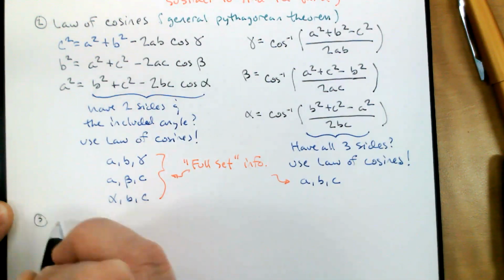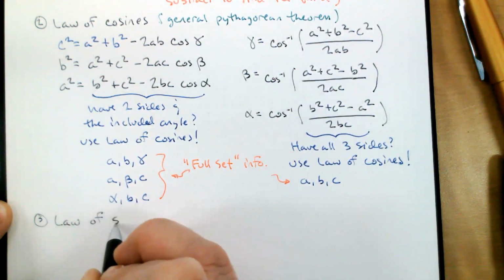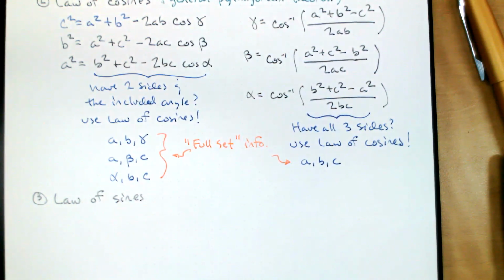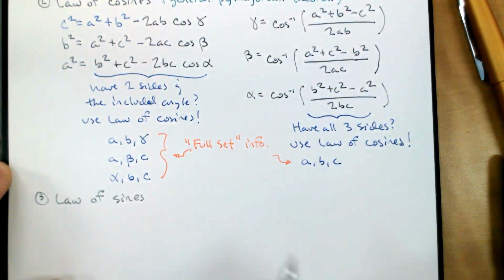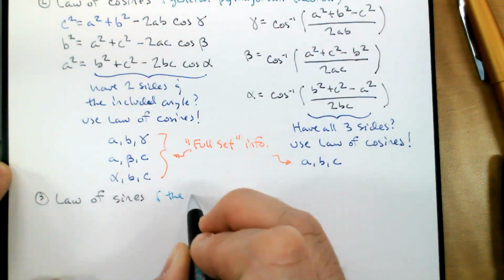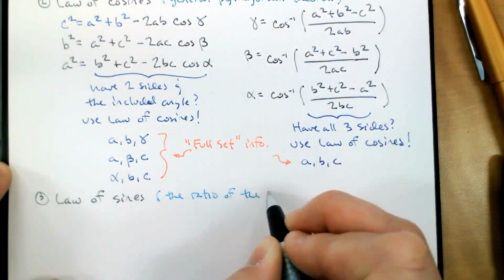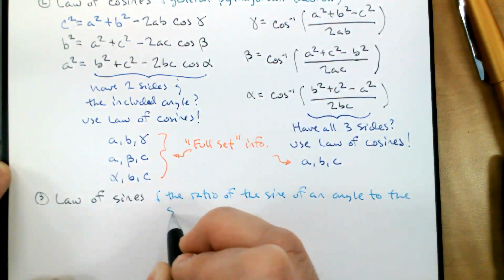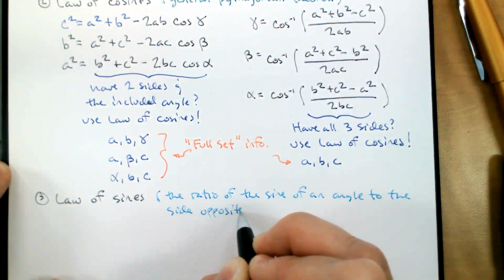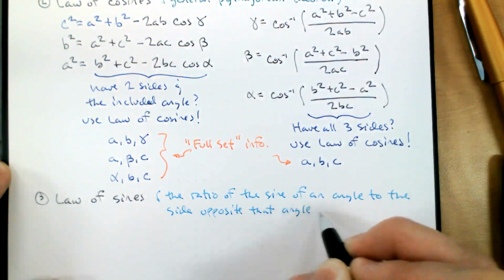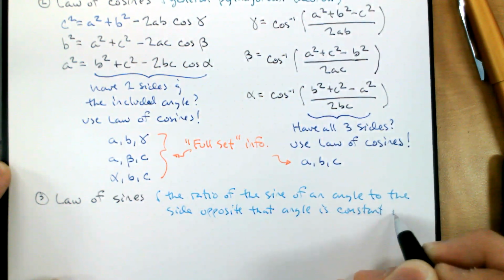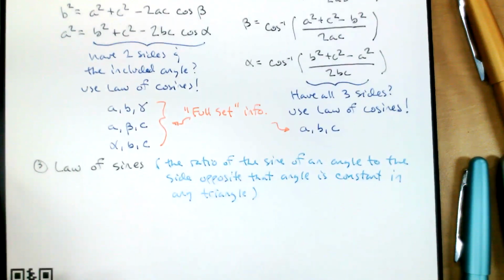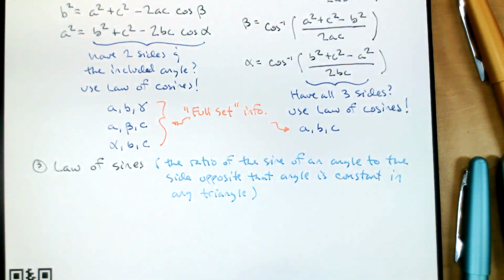Our third tool is the law of sines. The law of sines says that the ratio of the sine of an angle to the side opposite that angle is constant in any triangle.